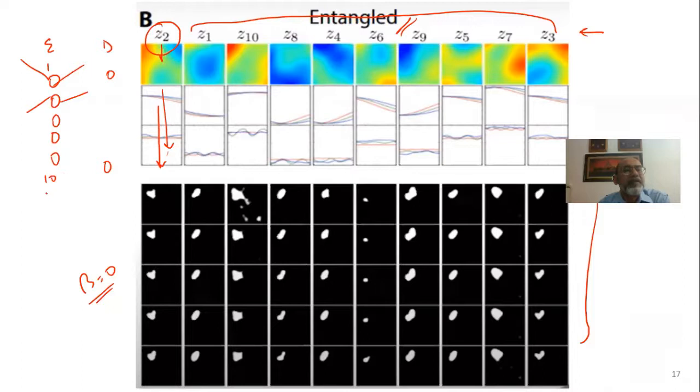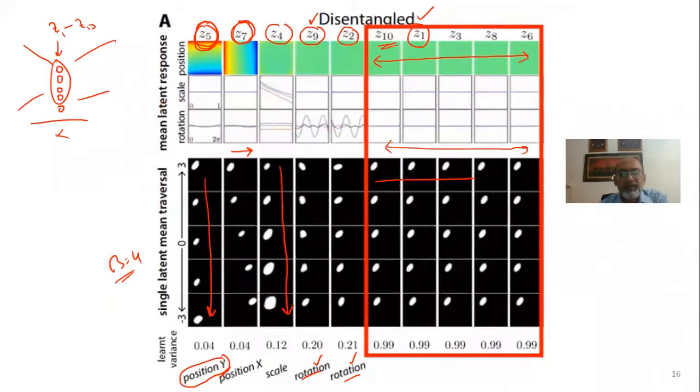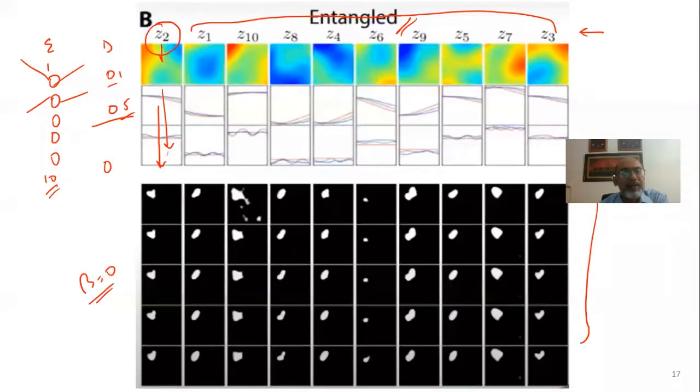In the entangled version, you're using all 10 neurons. In the disentangled version, you're only using 5 neurons. Okay, and these 5 neurons, we've been able to determine that they actually correspond to some physical feature of the original image. So why is this useful? Why do you think it's useful?